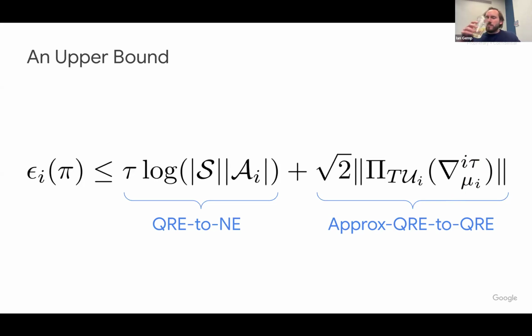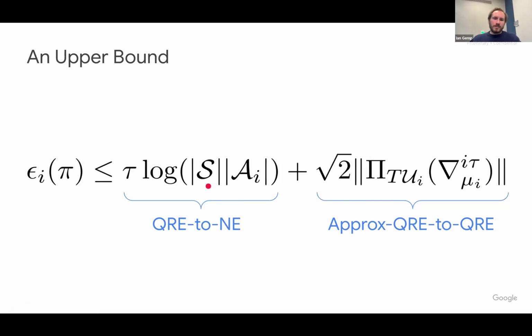And so this term measures how far we are from optimality of the QRE, since this is an entropy regularized game now. And then this term indicates the loss in approximation as we measure the performance of that QRE in terms of the original exploitability without entropy bonuses.